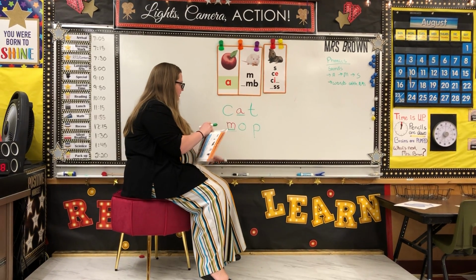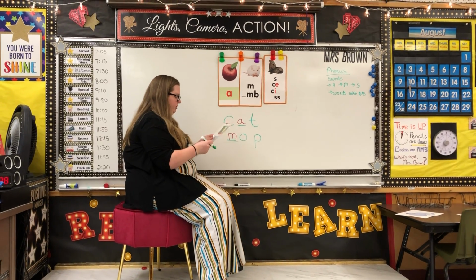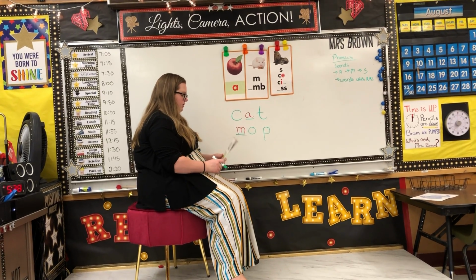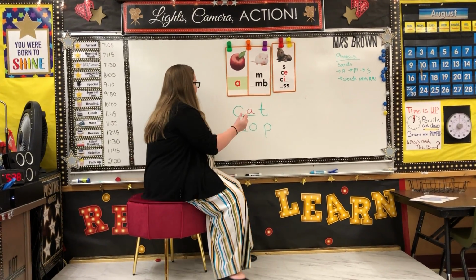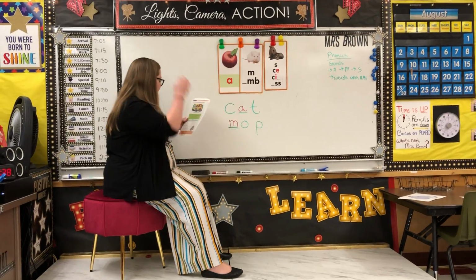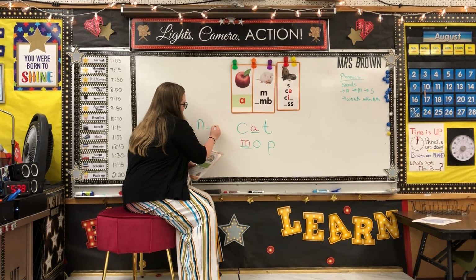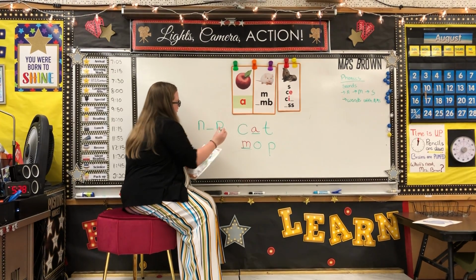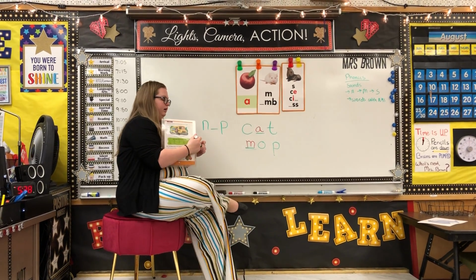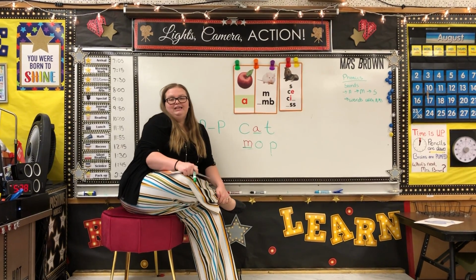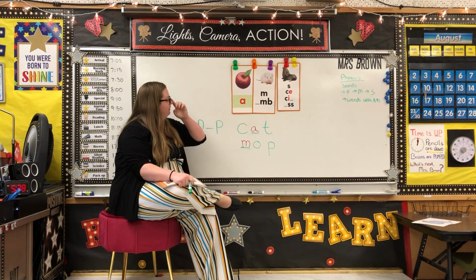Now, let's see here. Let me give you another one. Ooh, here we go. What about... I'll tell you, boys and girls, this is something that Mrs. Brown wants very badly. Are you ready?